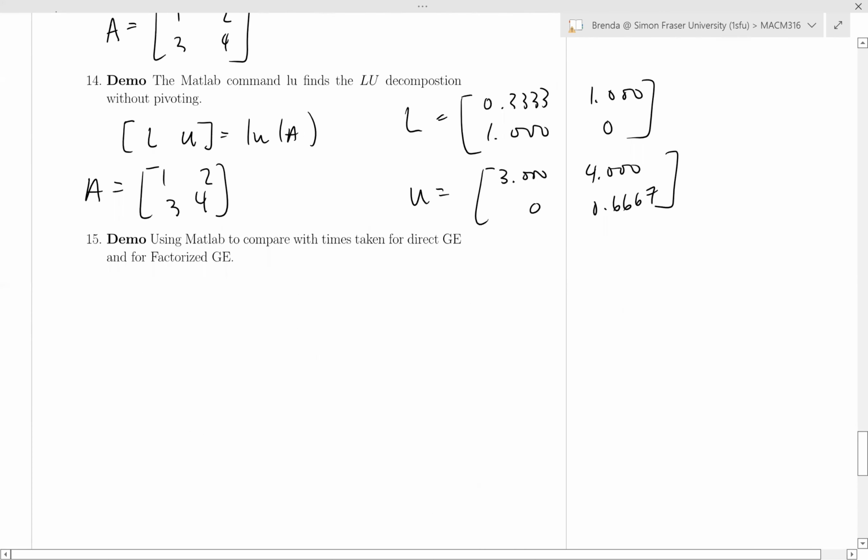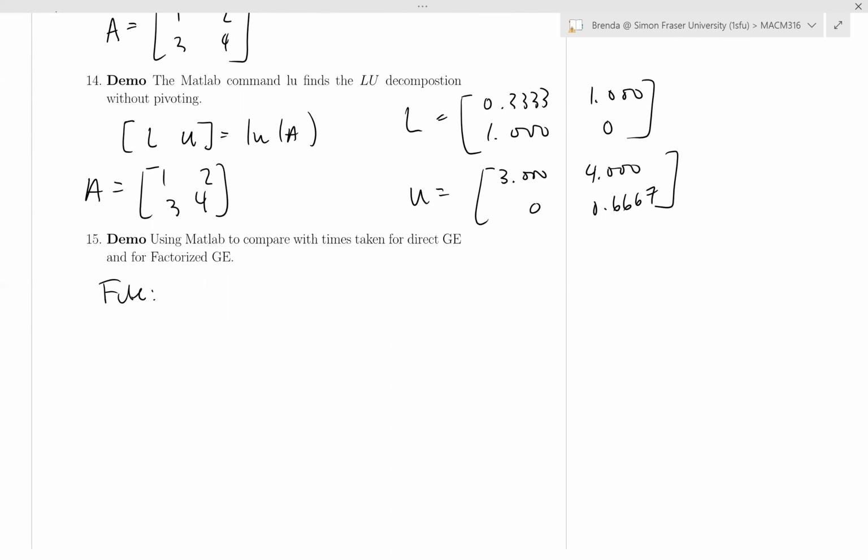What you're going to do is take a look on the Canvas container, and there's a file there called LU time. That compares the time taken for direct Gaussian elimination.